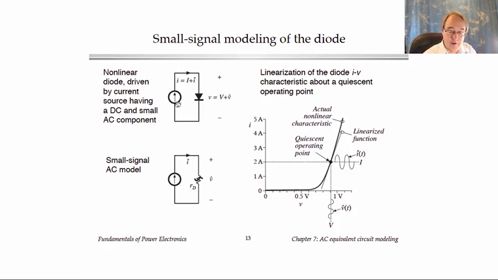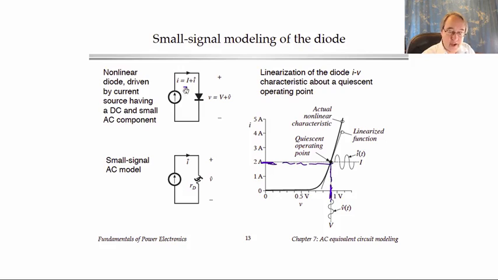And if we operate the diode at some quiescent value of current, meaning a DC current, capital I, which might be, say, right there at 2 amps, then we can find the resulting DC voltage from the IV characteristic. That would be this value.